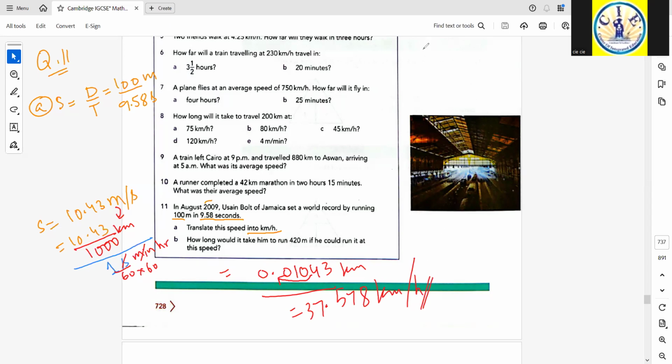And for part B, how long would it take him to run 420 meters if he could run it at this speed? Okay, now the speed is the same, 37.578 kilometers per hour.